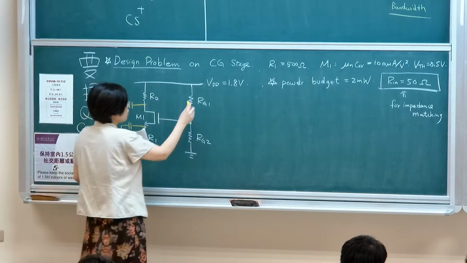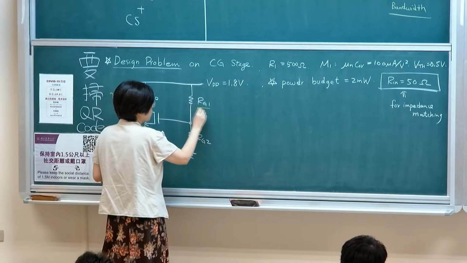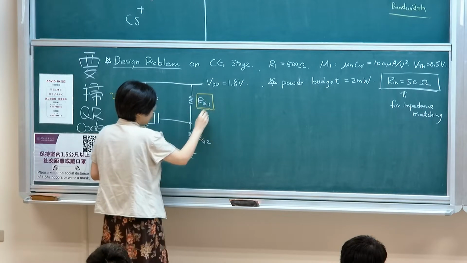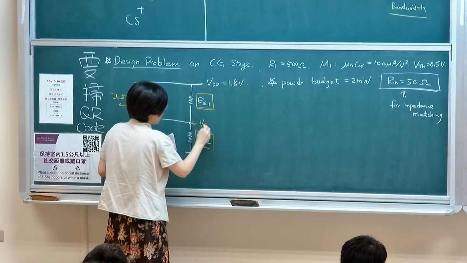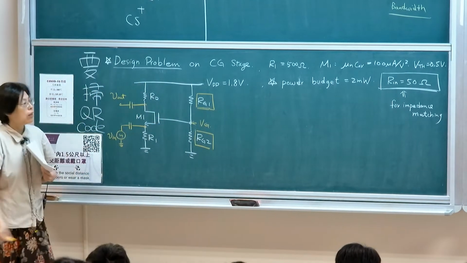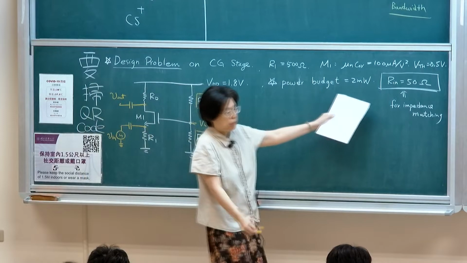So let's move on to what you need to determine. Basically, you need to know your biasing conditions. So you need to determine RG1 and RG2 for setting the biasing condition, in order to meet this criteria.